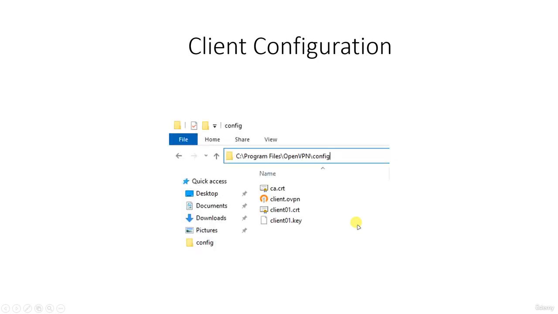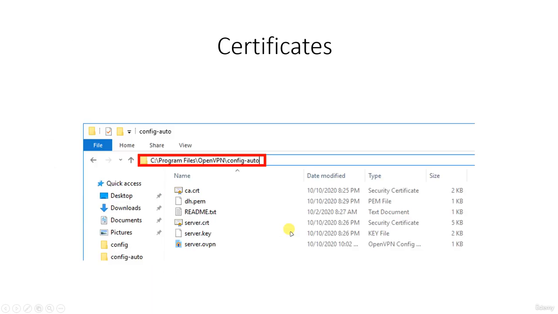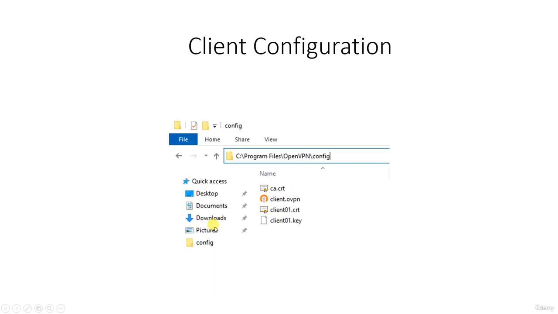These are the files that we need to copy to this config folder: ca.crt, client0001.crt, and client01.key. These are the files you need to copy from your server. These are all here, as you can see. Make sure you copy and paste them into this directory.